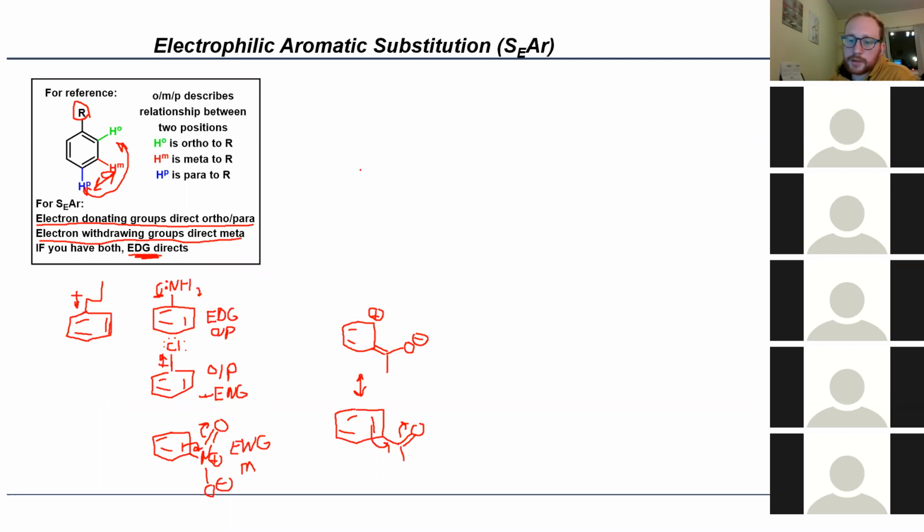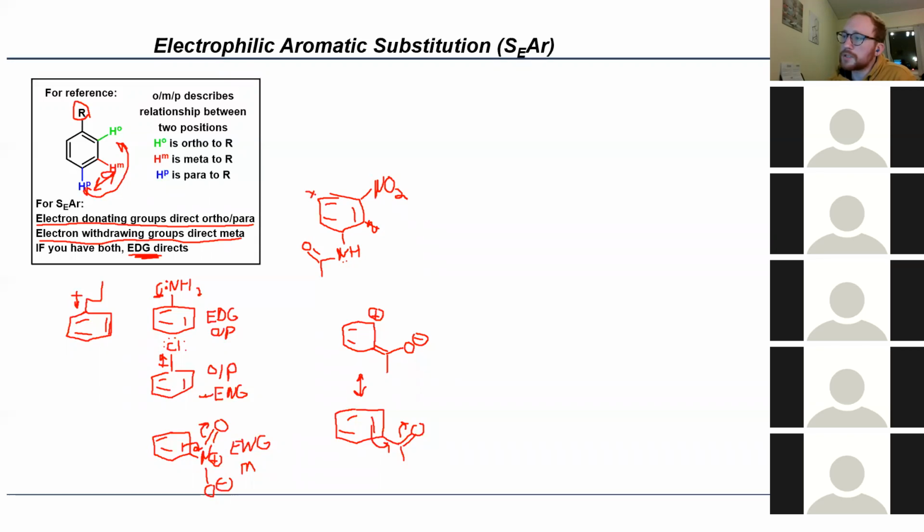I see a couple of questions here. Can I explain what it means if an electron donating group directs? Yes, I can. For example, if I had a situation like this, where I had an amide, which is an electron donating group because it has a lone pair, and I also have a nitro group, which we know is an electron withdrawing group, the nitro group we know directs meta.